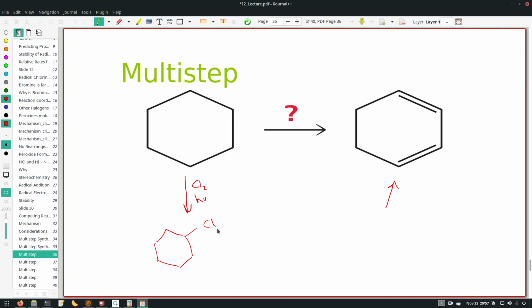Alright, that gets us started. Now we can do something with that. We know we want to make an alkene. Can I make an alkene out of this? Well, yeah. If I just do OH- and some heat, that would favor an E2, and I can make it into a single double bond.